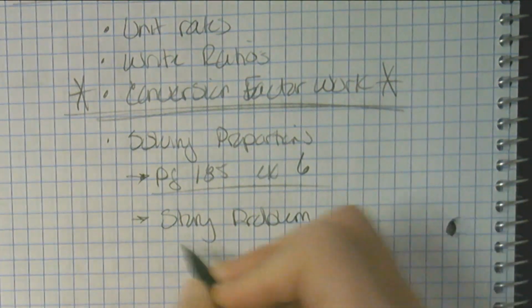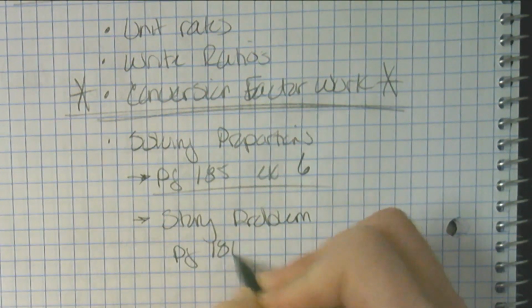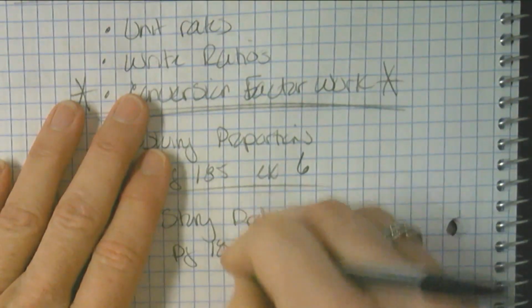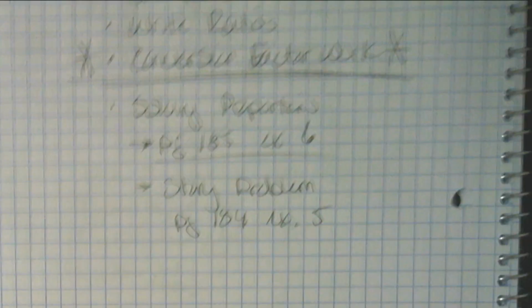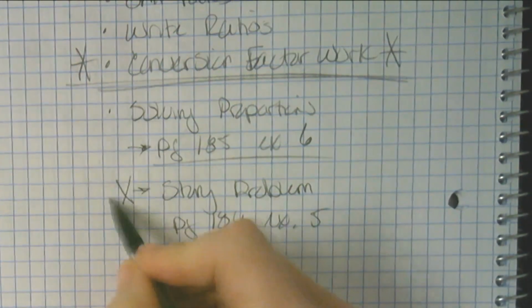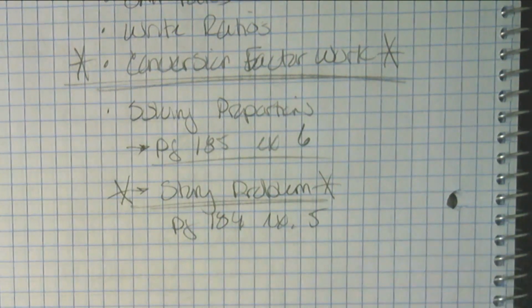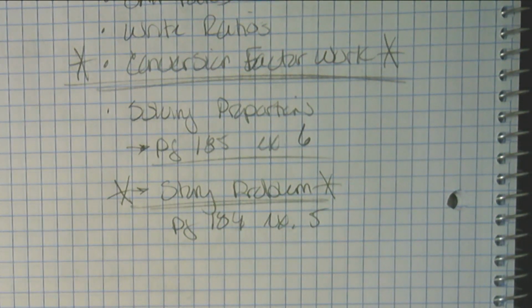And that is going to be page 184, example number 5. I would look at that as kind of a guide on that. You're definitely going to get a story problem using proportions. So I'm trying to point out 2 things that are really important. If you've already done your chapter review, I'd go back to these that I'm highlighting for you. I'd go back to your conversion factor work. I'd go back to story problems using proportions, etc.